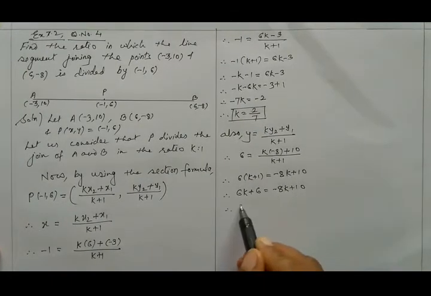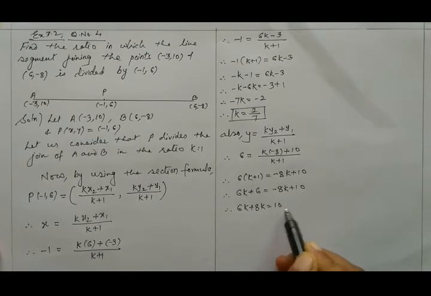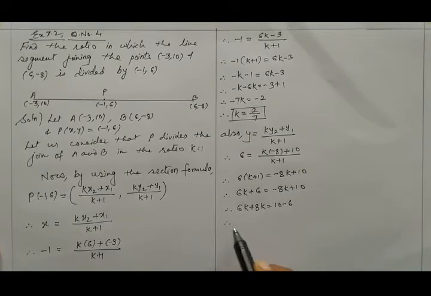Therefore take plus 8k is equal to 10 minus 6. So 14k is equal to 4. So k is 4 by 14, and therefore k is 2 by 7. So you got the required ratio.